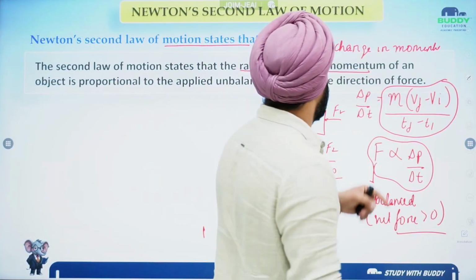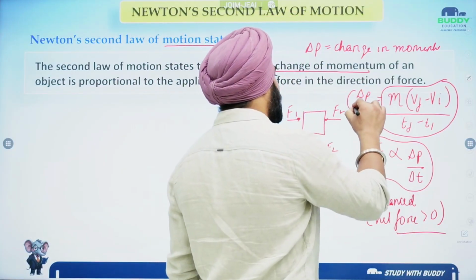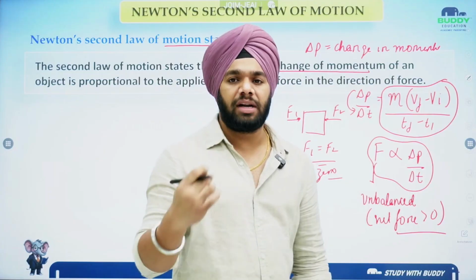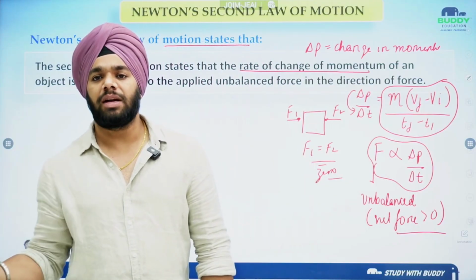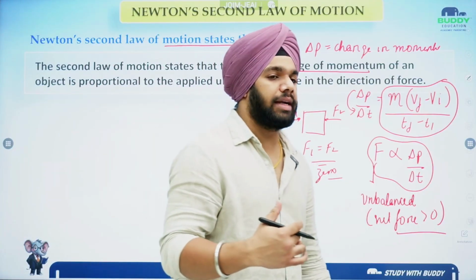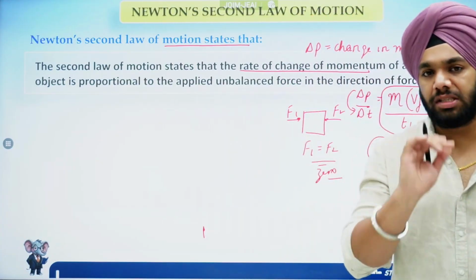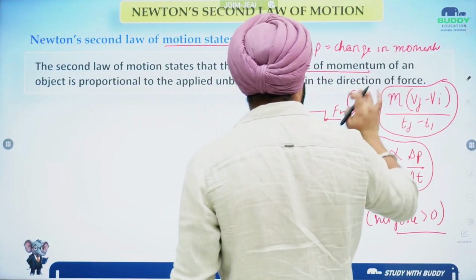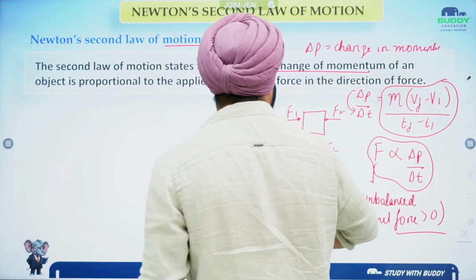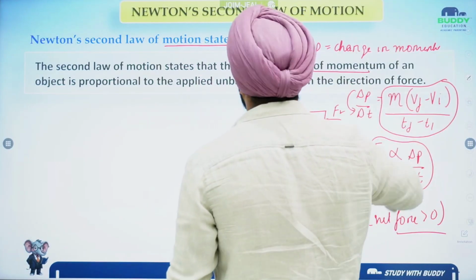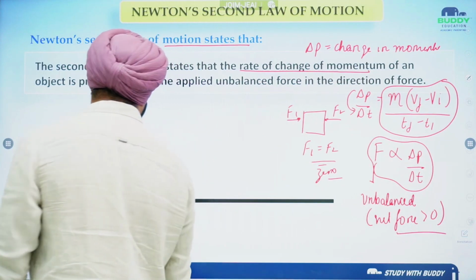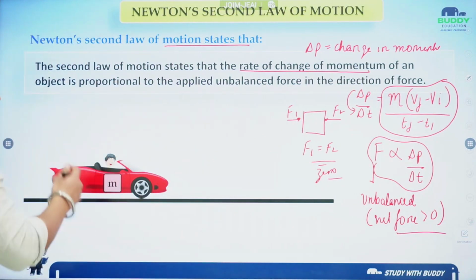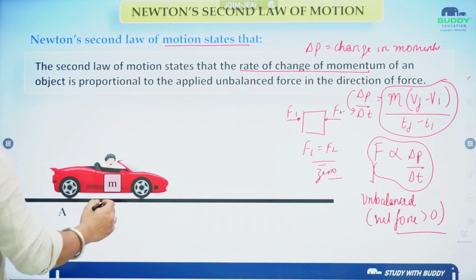So rate of change of momentum is related to the change in momentum with respect to time. So this is very different. You cannot say that it is change in momentum. It is obviously rate of change of momentum. Okay, got my point?